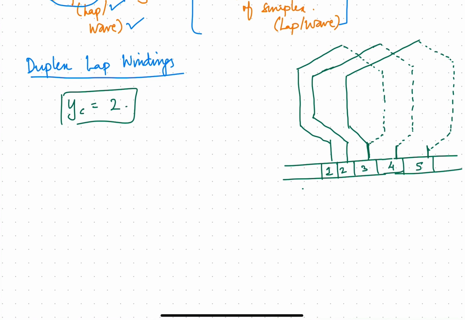So the back pitch YB, which is the distance like this, and this is the front pitch YF. So I've told you that the commutator pitch is 2 in case of the duplex lap winding. The winding pitch Y, capital Y, is equal to twice the commutator pitch, and it is equal to 4.